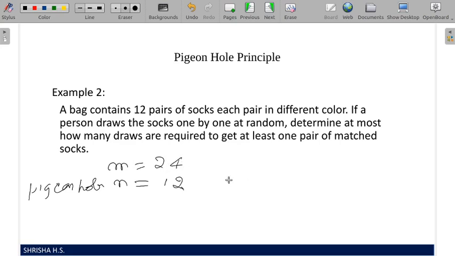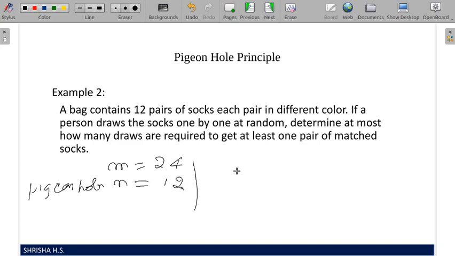What they are asking is to determine at most how many draws are required to get at least one pair of matched socks. One pair is enough, not all the pairs. So what is the worst case?